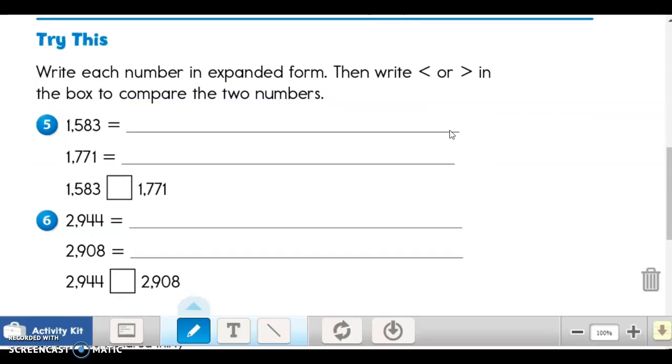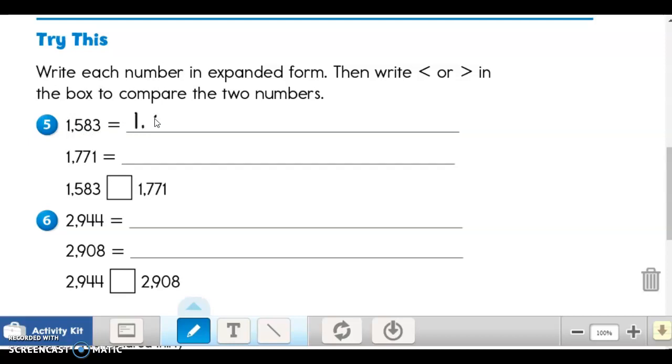Try this. Write each number in expanded form and then write less than or greater than in the box to compare the two numbers. Now they're even stretching us, friends. We don't have just hundreds, we also have thousands. Let's try it here.